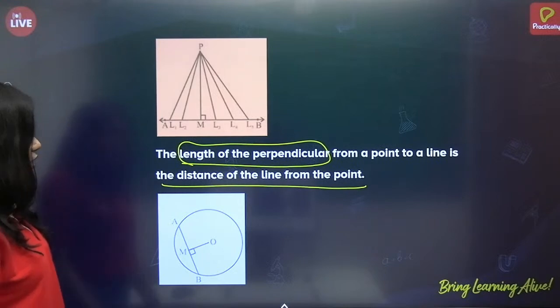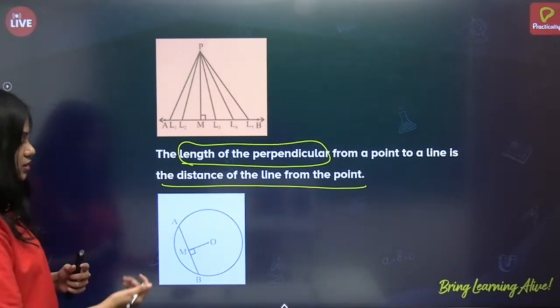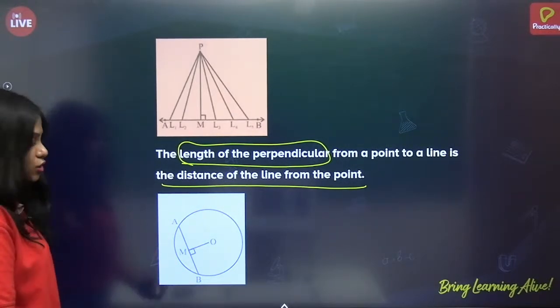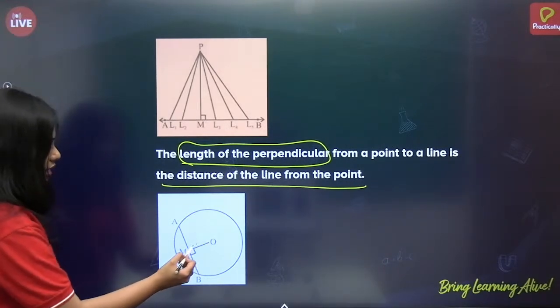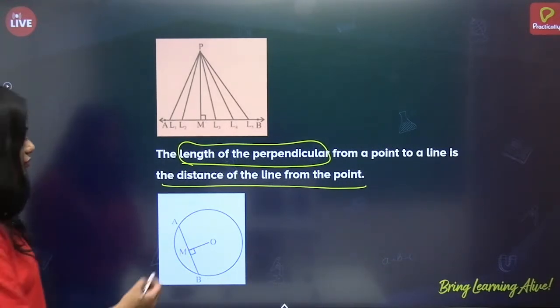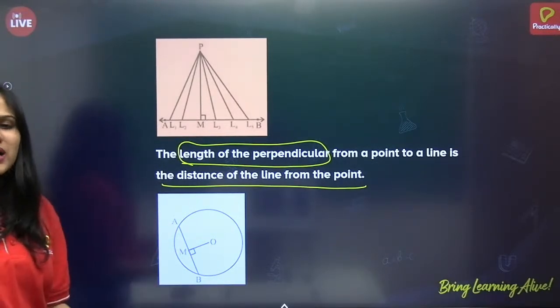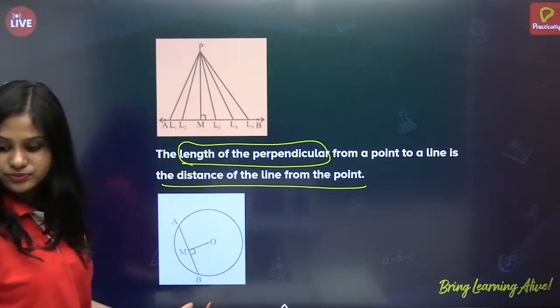Okay. So again, what is the perpendicular distance in the given figure here, the circle? Here we have a circle with center O, and AB is the chord and OM is the perpendicular distance. So we say that OM is the distance of the line AB from the center O, correct? Now we are aware, OM is a perpendicular distance.